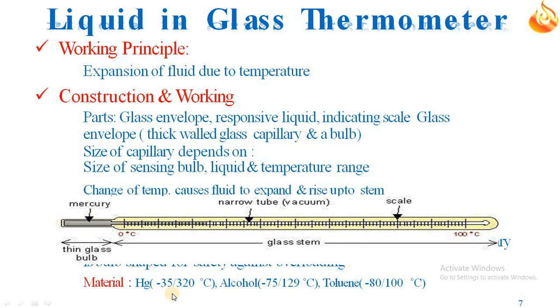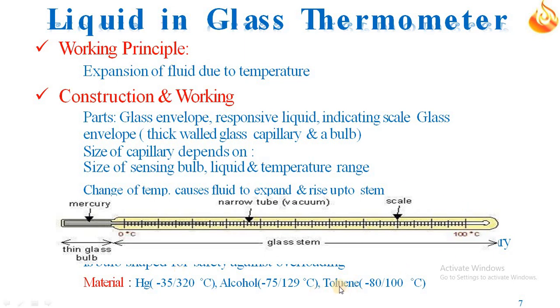So here the general range for the instrument is given. If we are using mercury, then it generally has a range between -35 to 320 degrees Celsius. However, if we are using alcohol, then the range may vary from -75 degrees Celsius to 129 degrees Celsius.